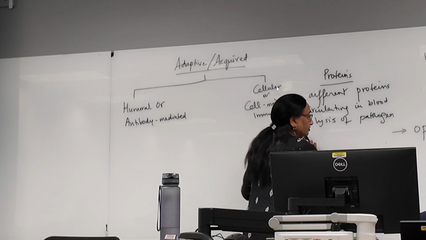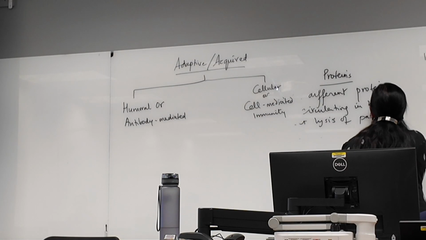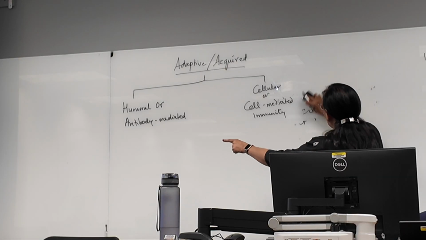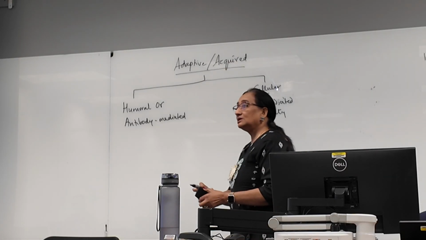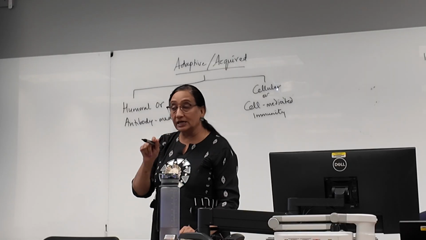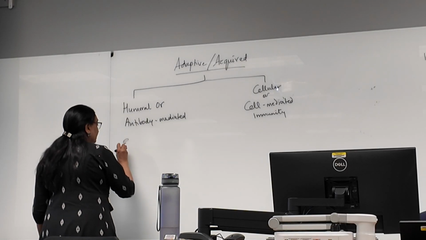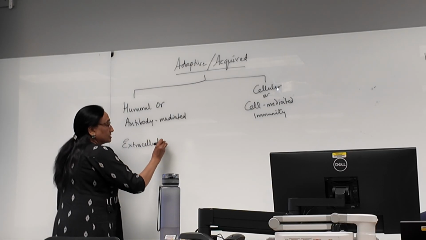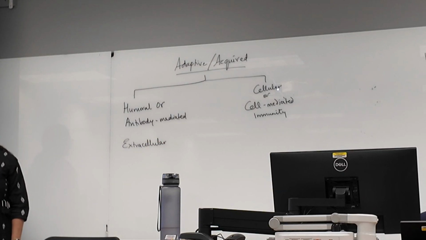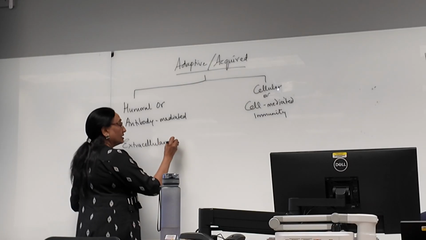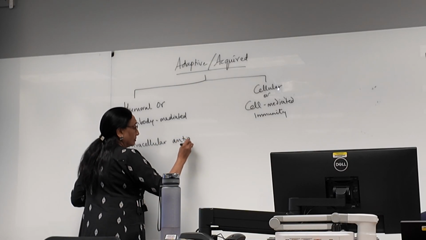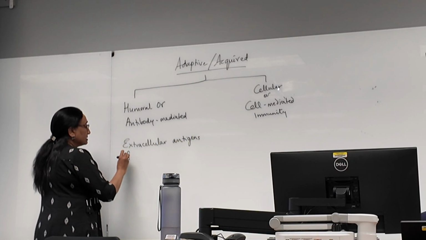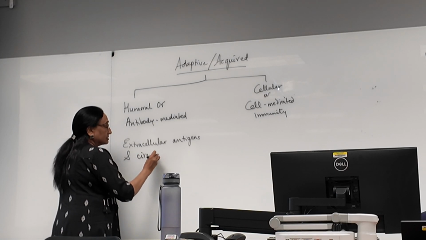So remember the difference between these two. Humoral or antibody-mediated immunity is towards extracellular antigens. Extracellular, that is, which is outside of the cell, and circulating antigens.